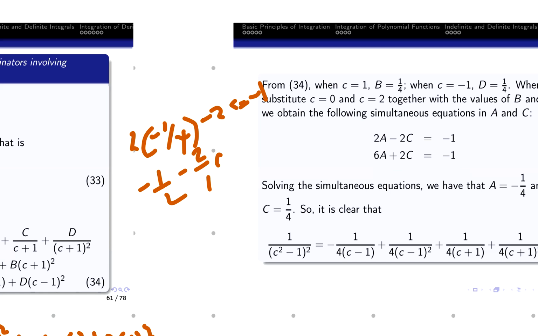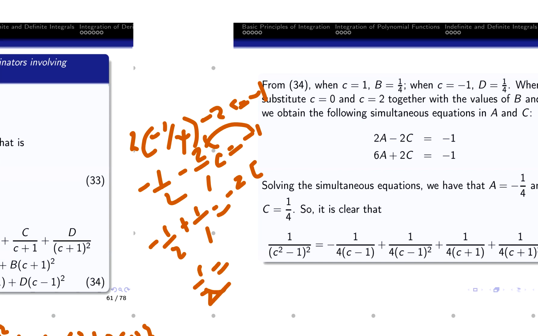Bring this here, and this is minus 2c equals minus 1 plus 1 over 2, so this is minus 4c equals 1. So c again is minus 1 over 4? Okay, sorry, minus 2c goes there and becomes positive. So you see c is 1 over 4, like that.